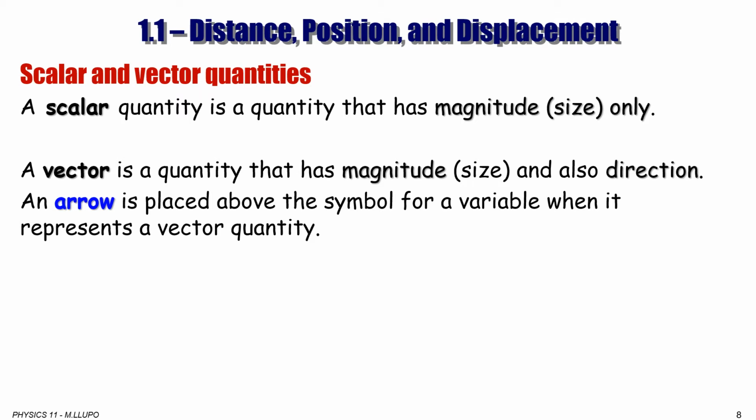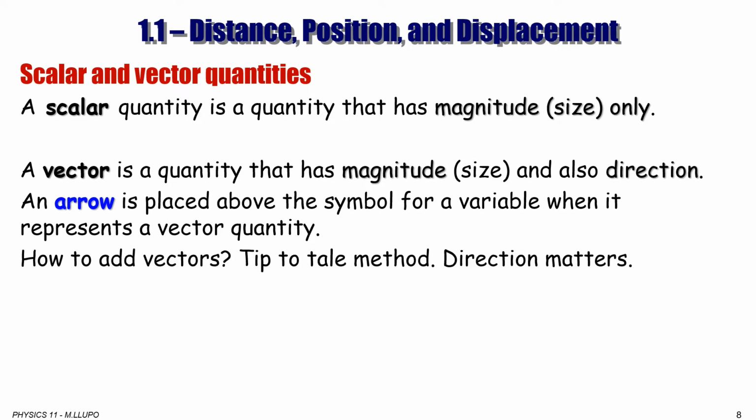However, a vector quantity has a magnitude, and also direction. So the direction is very important in vector quantities. An arrow is placed above the symbol for a variable when it represents a vector quantity. We're going to learn about the vector quantities in this chapter.